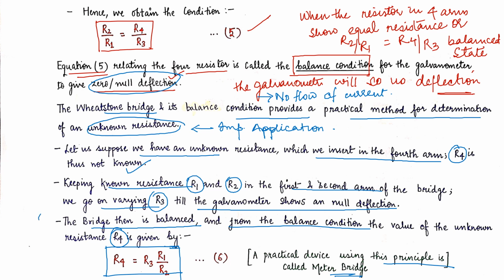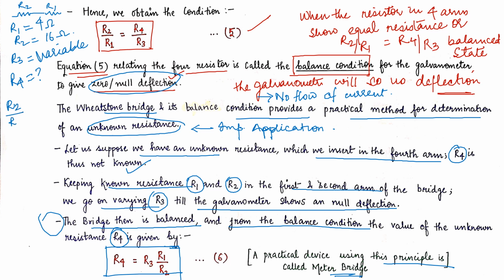I will explain this here. Just see, we have two resistances R1 and R2 which are known. Let's assume R1 is 4 ohm and R2 is something like 16 ohms. Now R3 is a variable resistance, and R4 is unknown to us. But we know that R2 upon R1 equals R4 upon R3. Now we know this, this is variable, and we don't know this.